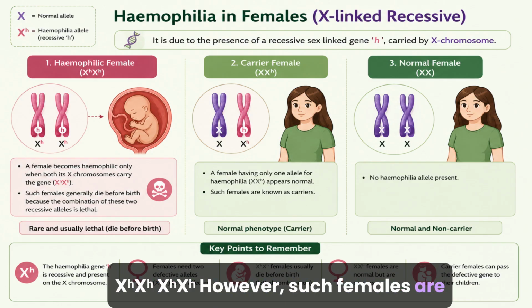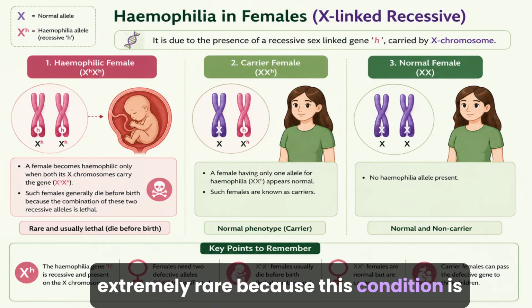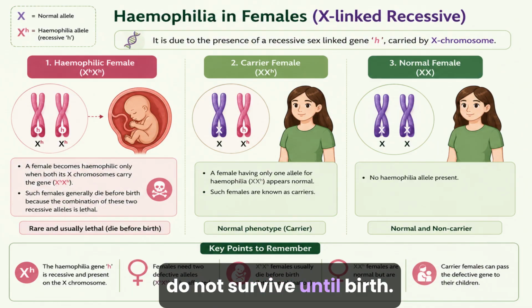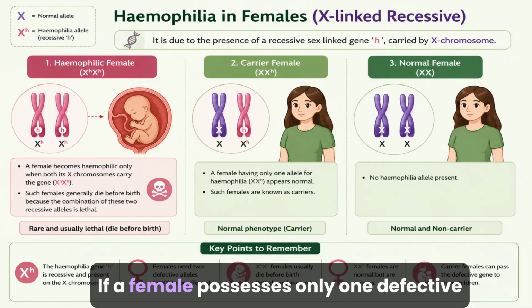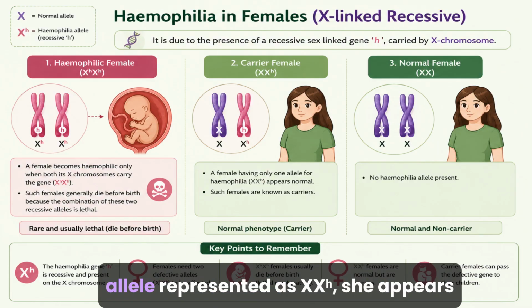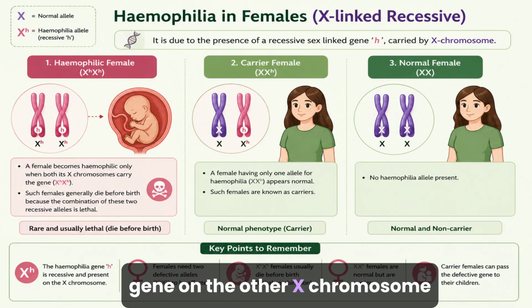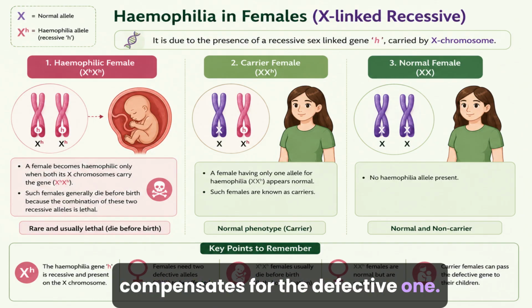However, such females are extremely rare because this condition is often lethal, and many affected embryos do not survive until birth. If a female possesses only one defective allele, represented as XXH, she appears completely normal because the normal gene on the other X chromosome compensates for the defective one.